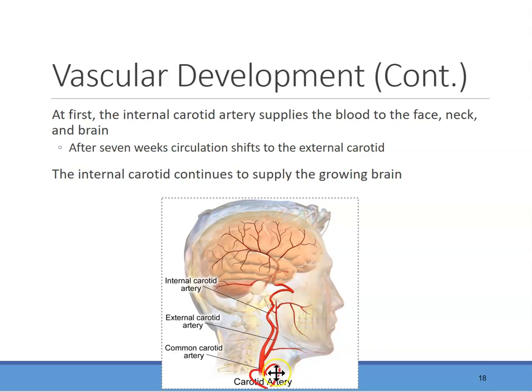External is for the face, and your internal stays inside, so the blood supplies the brain. But before the 7-week period of the baby, it's actually the opposite. It switches. After 7 weeks, when the baby is 7, 8, 9 weeks inside the womb, external supplies the face, internal supplies the brain, and that's how it stays throughout our life.